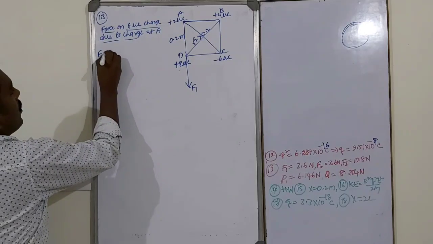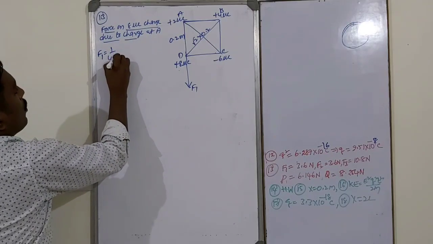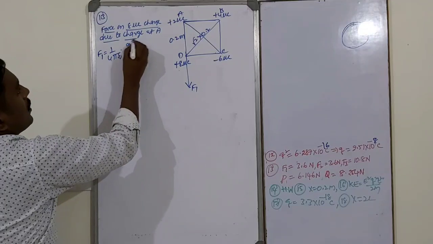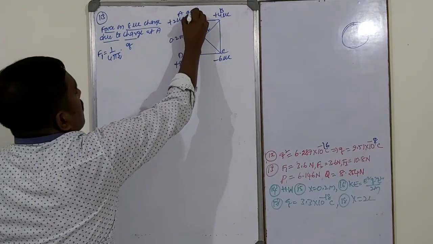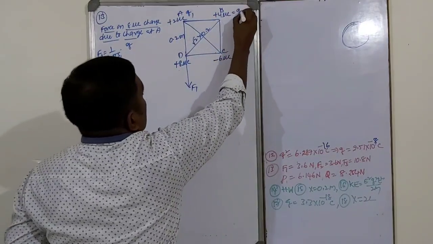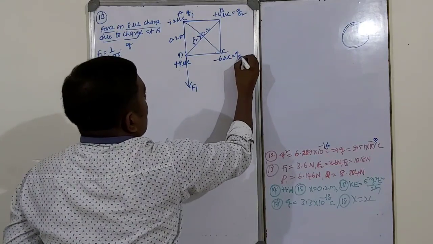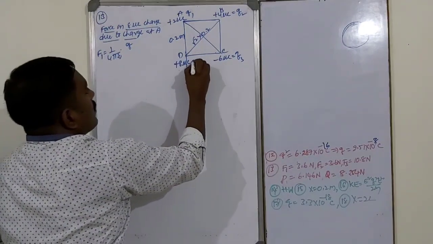F1 is equal to 1 over 4 pi epsilon naught. This is Q1, this is Q2, this is Q3, this is Q4.